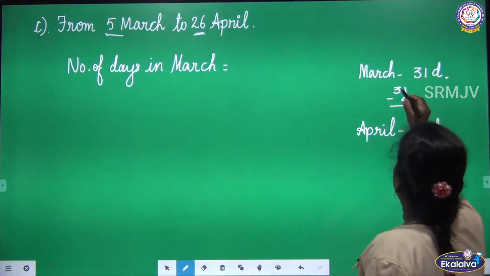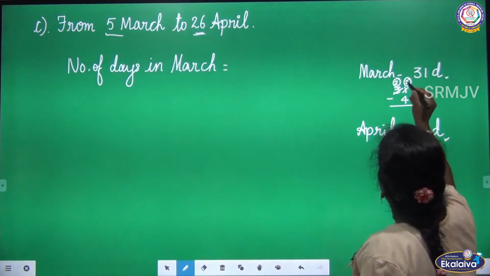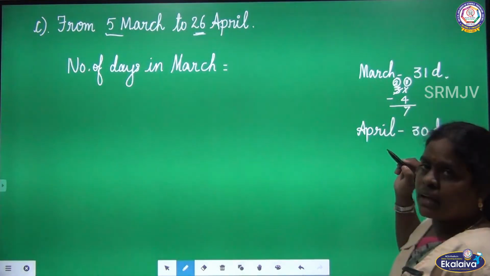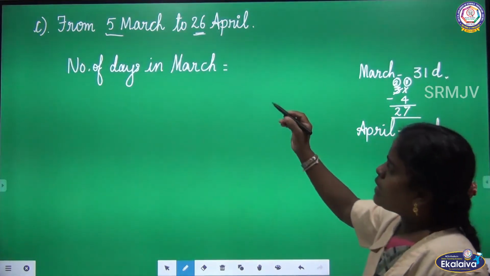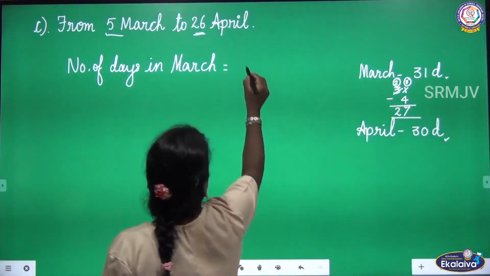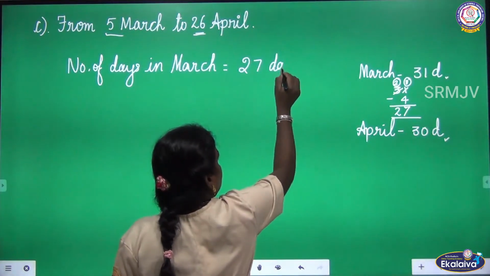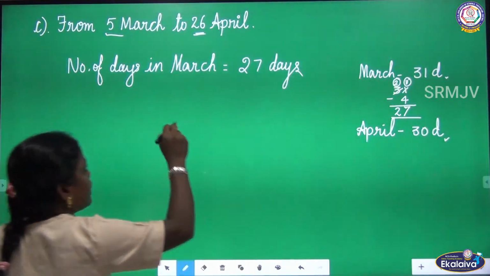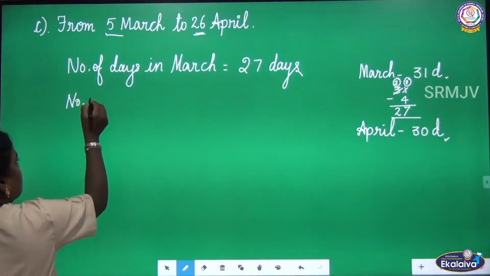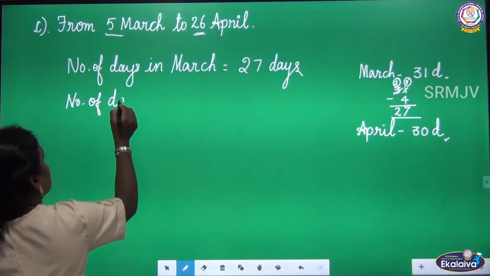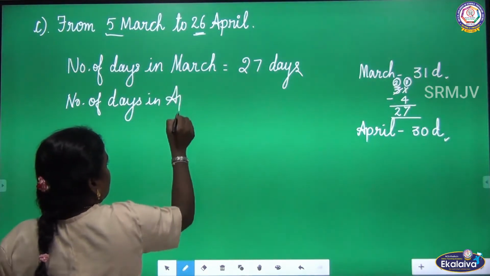31 minus 4. 11 minus 4, 7, and here write down 2. So there are 27 days remaining in March month. And now we want to find out for April month. Number of days in April.